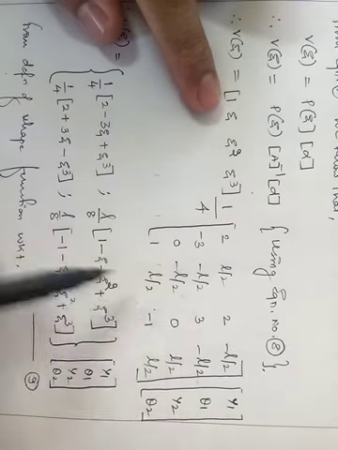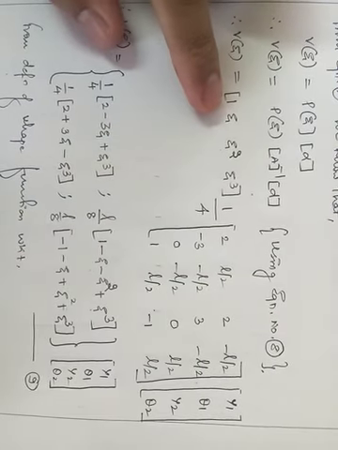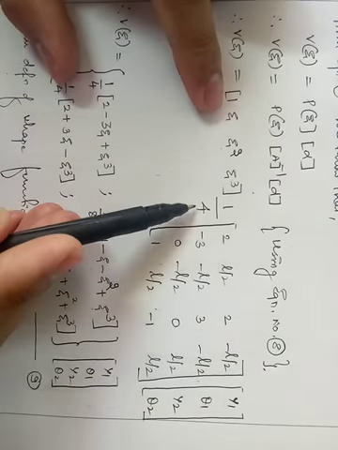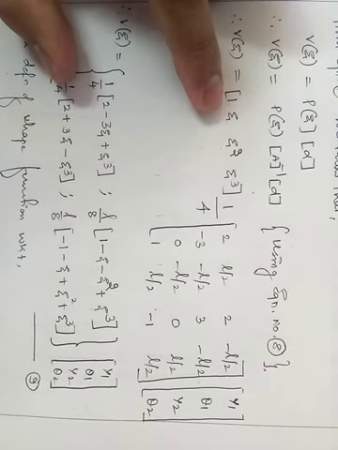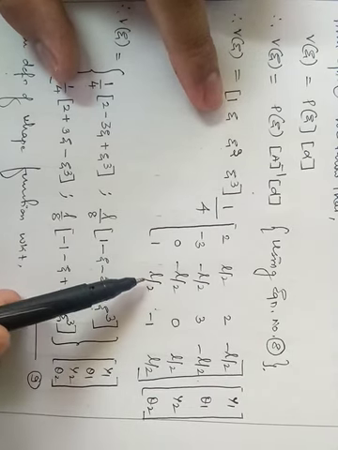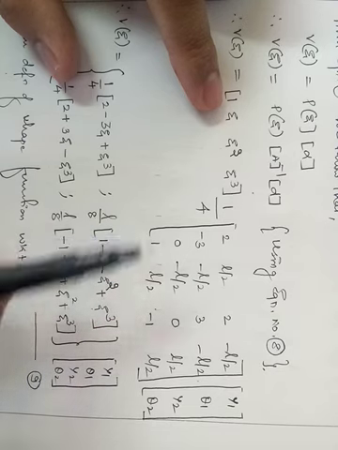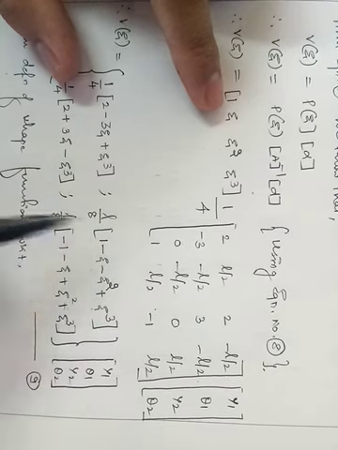Now here in the second column, what you observe is L by 2 is a common factor. So L by 2, if you multiply by 1 by 4, what you will be getting? L by 8. I repeat, L by 2 is a common factor for all the elements in column number 2. So I'll take it out. If you take it out, L by 2 into 1 by 4 becomes L by 8.